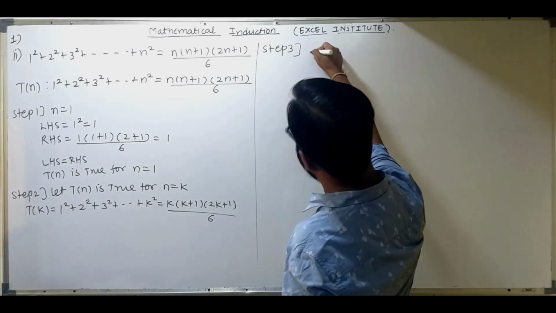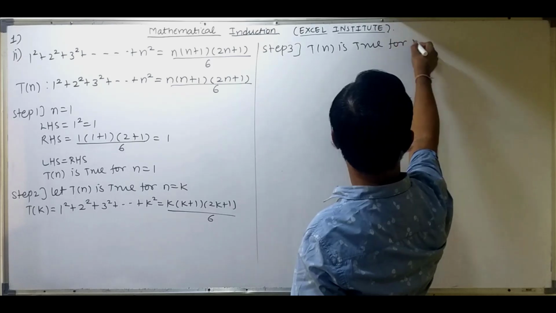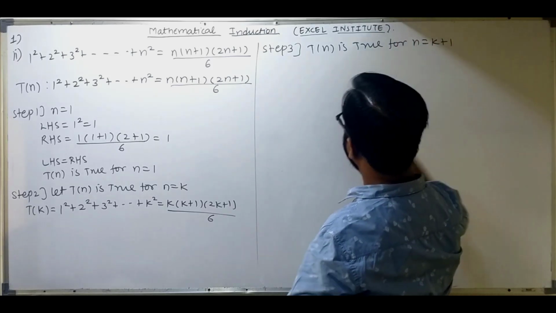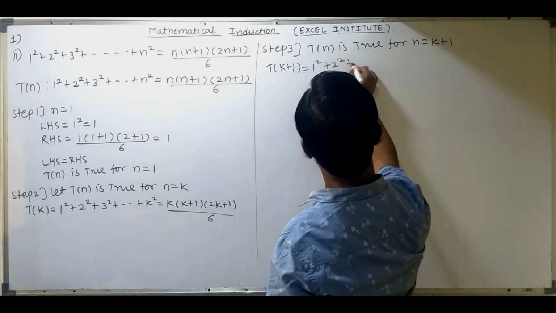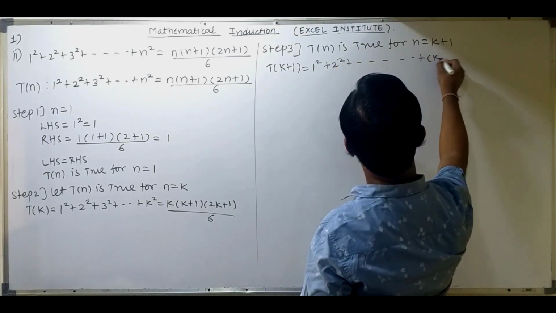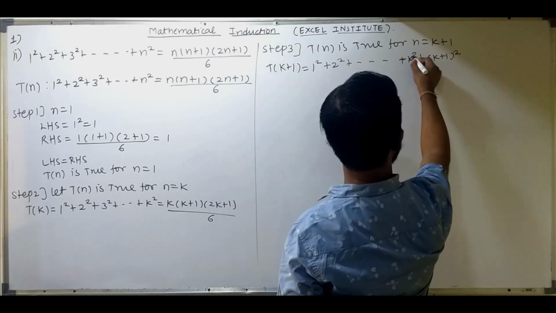Now we will prove that T of n is true for n equal to k plus 1. So T of k plus 1 is what, beta? 1 square plus 2 square, like this, replace n by k plus 1, so k plus 1 square. If this is k plus 1 square, then one before that will be k square.